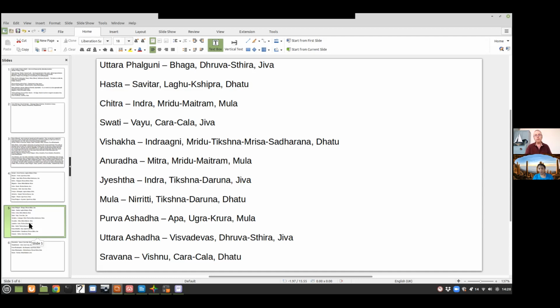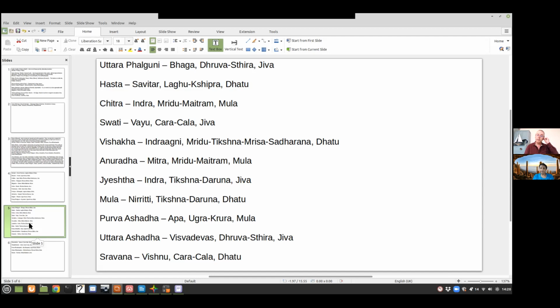So if you think of it this way, Indra being about conquering the senses and right perception, Agni being about purification, or purifying those things from one's life that aren't right and that don't give the right perception, and then adjusting one's life path based upon that. So Vishaka is a Mridu Tikshna, Mrisha, and Siddharana nakshatra, and it's of the mineral kingdom.